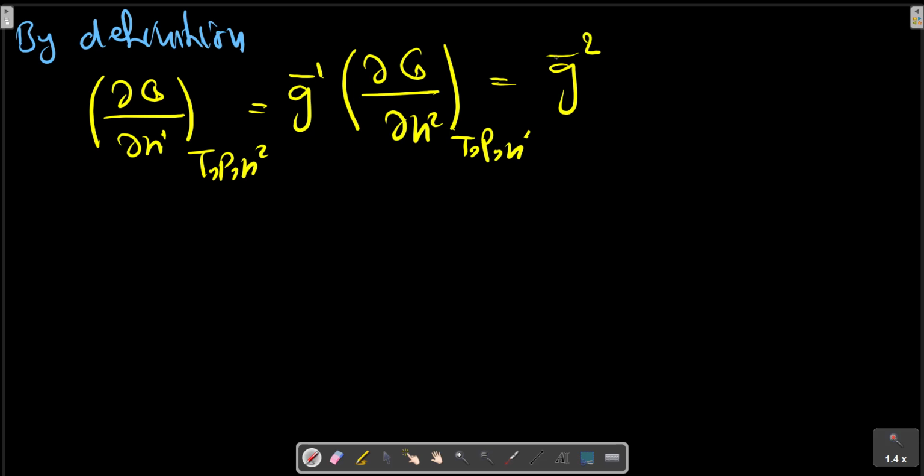Therefore, at constant temperature and pressure, we can write this relation.